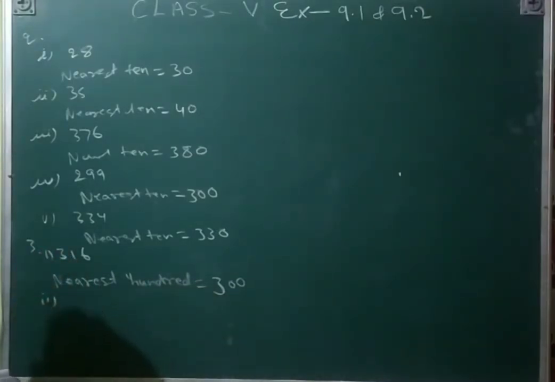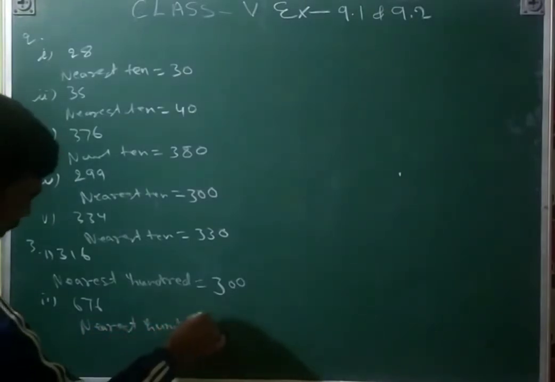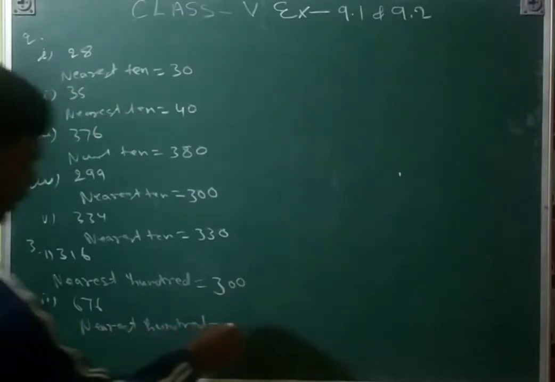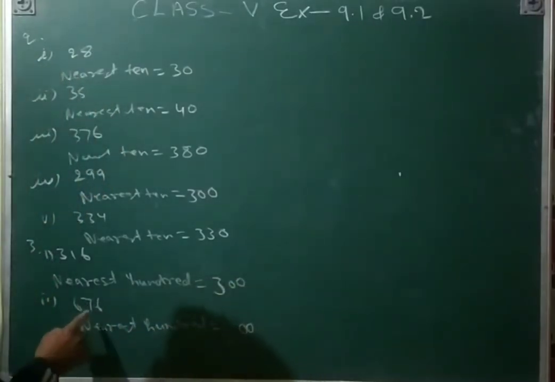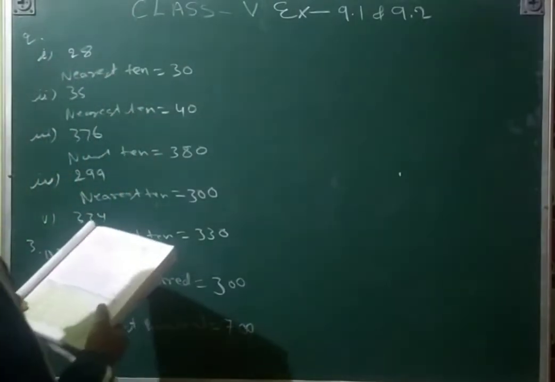Second part is 676. Nearest 100, that is 00, this is 7, so this will be changed, this will be 7.